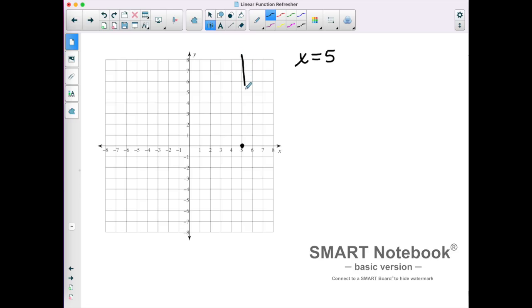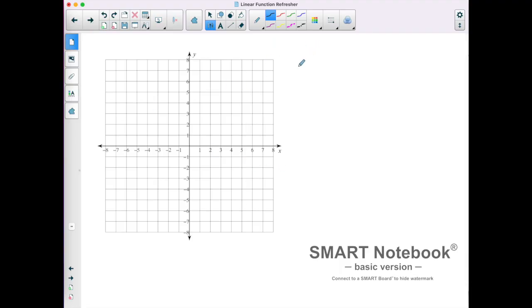All right. Maybe not perfect, but it is going through x equals 5. It's 5 on the x-axis. Every point on this line has an x value of 5. So that point here is 5, 0. The point above it is 5, 1, 5, 2, 5, 3, but the x's are constantly 5.